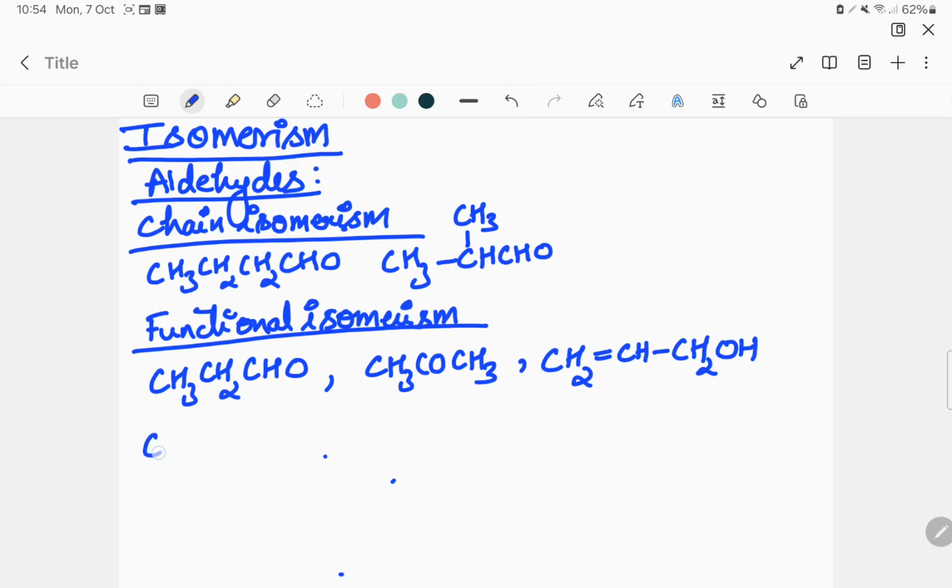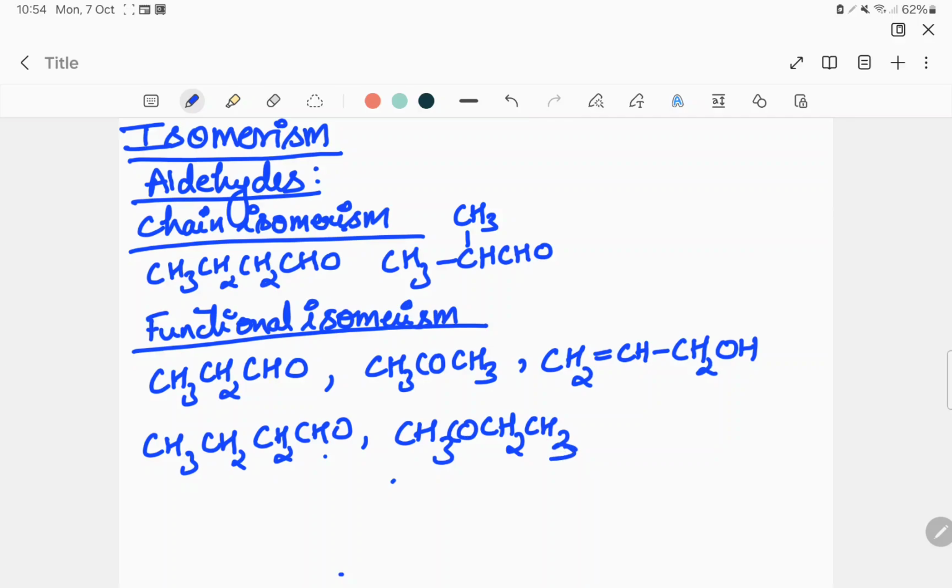Then we take another example. This is butanal. Its isomer is going to be CH3 CO CH2 CH3.